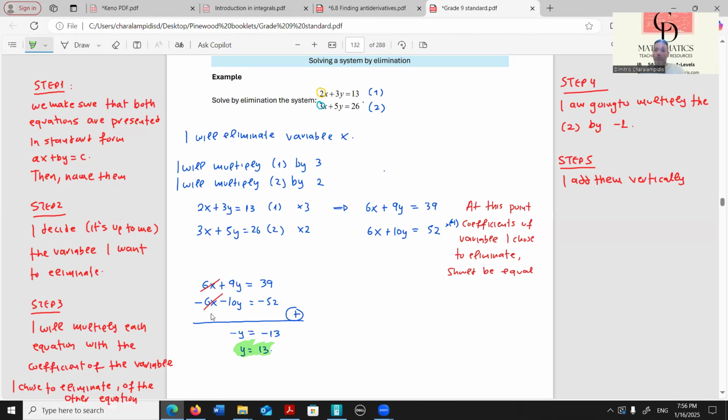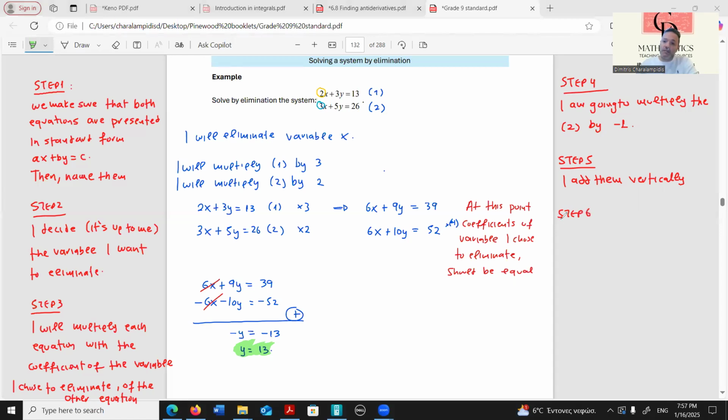Remember, however, that when we refer to a solution to a system, we mean a pair of values. We don't just need the value of y, we want the corresponding value of x as well. So the remaining step should be the following.